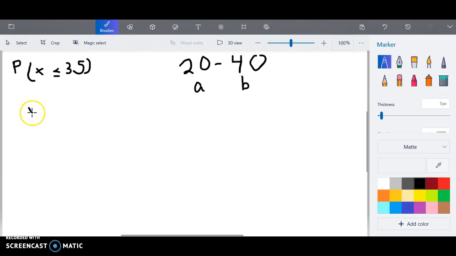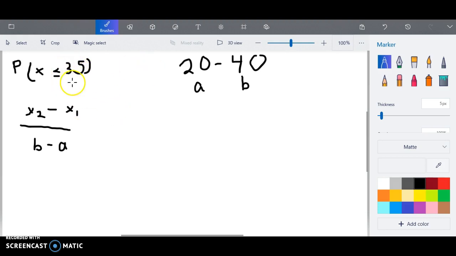And your formula is x2 minus x1 over B minus A. For your x2 and your x1, x1 is your smallest value and x2 is your largest value.